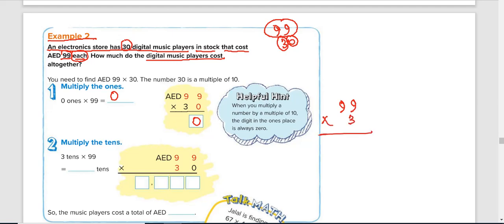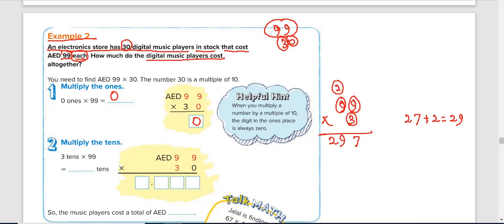So you can do this as you've learned before. This 3 multiplies 9, that gives you 27. You write the last digit 7 down, and the tens digit goes up 2. You do again 3 times 9, 27. This time around you add the 2 up. 27 plus 2 will give you 29.